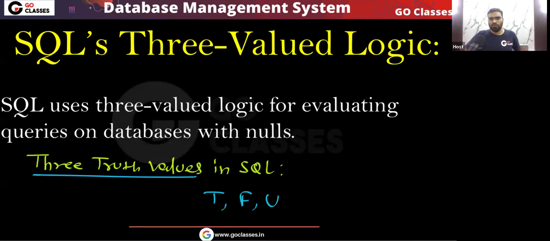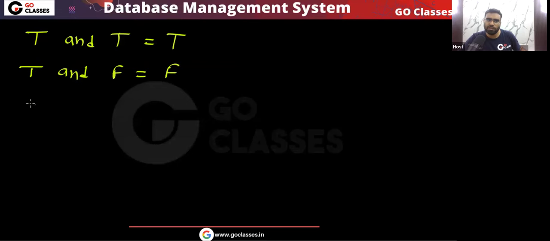Very simple. Now we will see the property of this U, because you already know the properties of true, comma, false. For example, true and true is true. True and false is false. False or false is false. False or true is true.